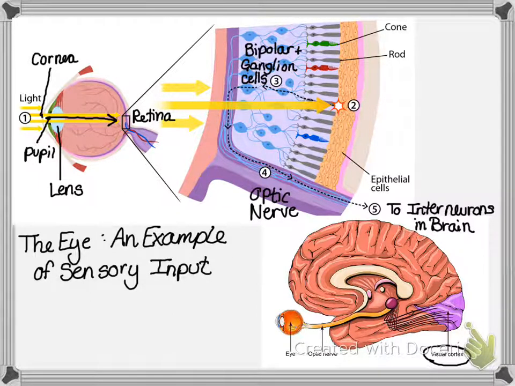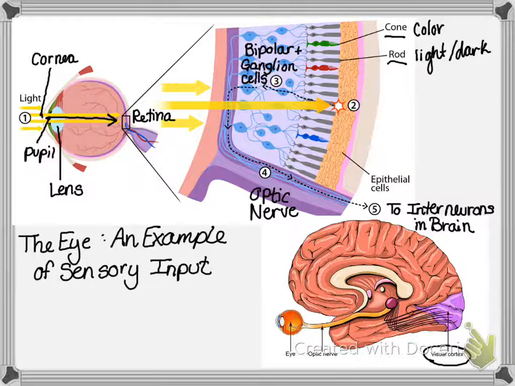So here we're zooming in on your retina in the back. Along the back of your retina, you have special nerve cells called cones and rods. Cones allow you to have color vision, and rods allow you to differentiate between light and dark.